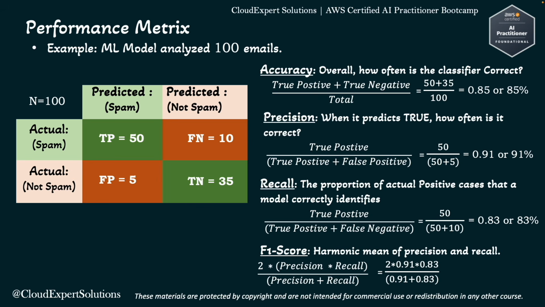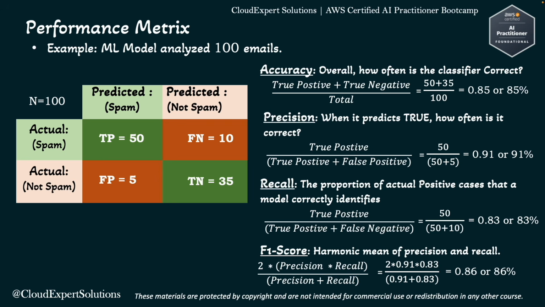For our example, it will be 2 times 0.91 into 0.83 over 0.91 plus 0.83. 0.91 is the precision and 0.83 is the recall or the sensitivity. If we do that calculation, it will be 86%. For our example, F1 score is 0.86 or 86%.